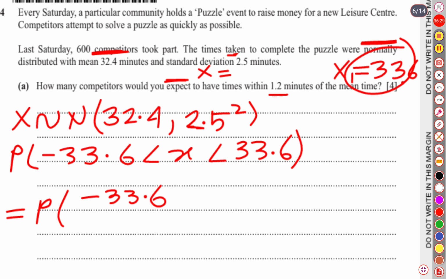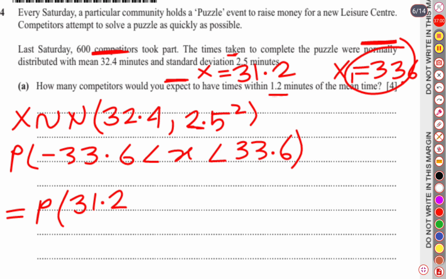If we subtract, it is actually 31.2. We should subtract once from the mean value, and then we should add to the mean value. Okay, so it is going to be 31.2. If we erase this and rectify this, it is 31.2.